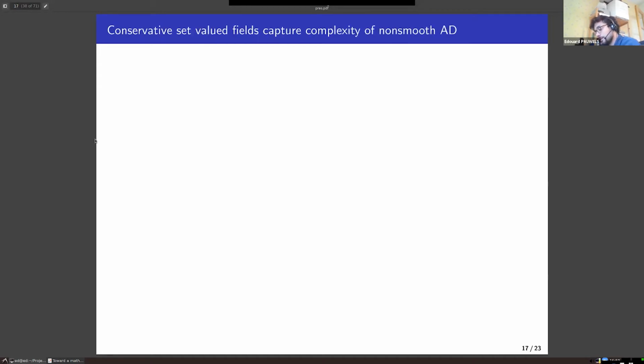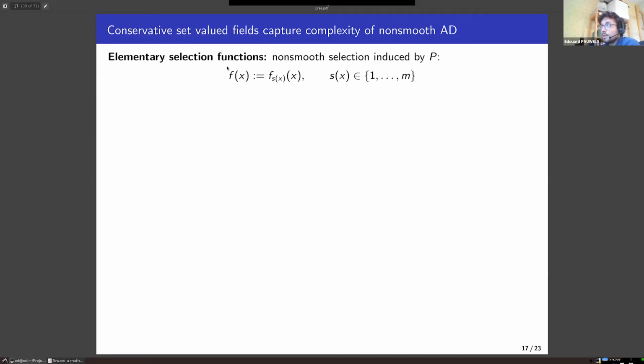Based on this representation, we introduced a notion of conservative set-valued fields. This is a mathematical concept which was introduced in order to capture those artifacts induced by algorithmic differentiation in a non-smooth context. I'm not going to describe what it means, it's too complicated, but I'm just going to describe some of the results that we could obtain using this concept. Again, we may think about a program inducing a selection index representation for a function f.